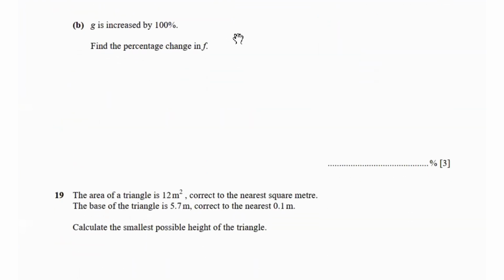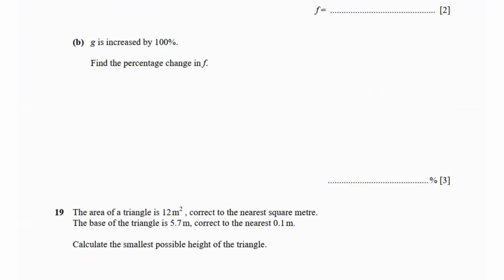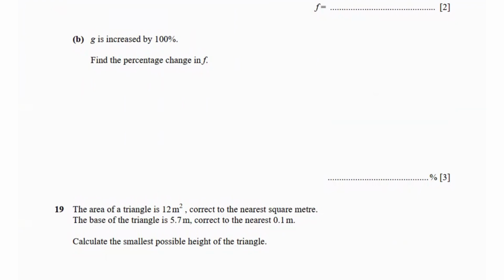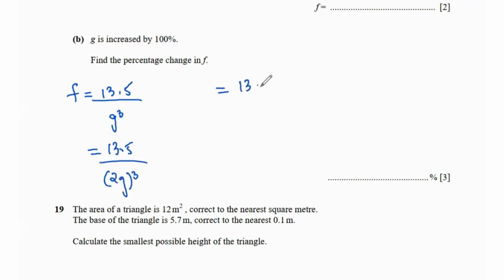Then, since G is increased by 100%, find the percentage change in F. So if G is increased by 100%, F was 13.5 over G cubed. That's going to be 13.5 over (2G) cubed, which is going to be 13.5 over 8G cubed. So that's 1/8 of what the initial is, 13.5 over G cubed.